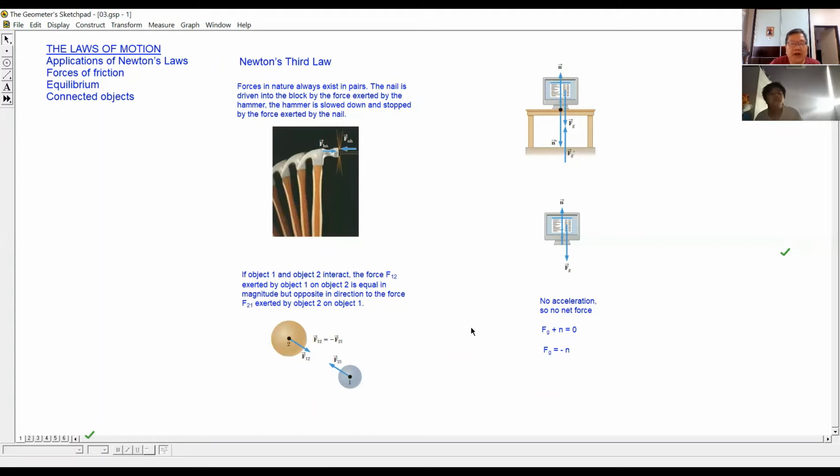So if object 1 exerts a force on object 2, object 2 also exerts a force with the same magnitude but in the opposite direction onto object 1. So don't think that if you hit someone, you don't feel the pain. When you hit someone, that object also exerts a force back on you, and you also feel the pain. So this is Newton's third law.